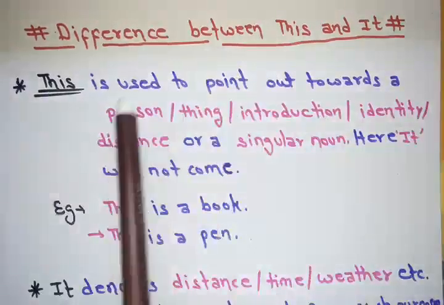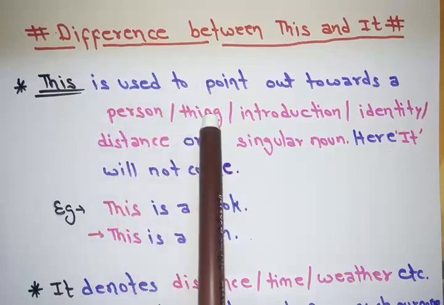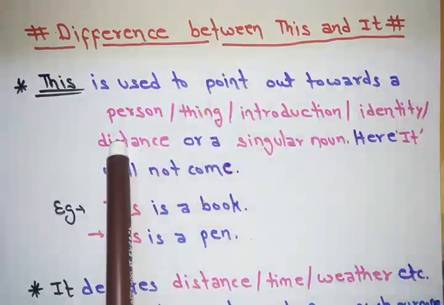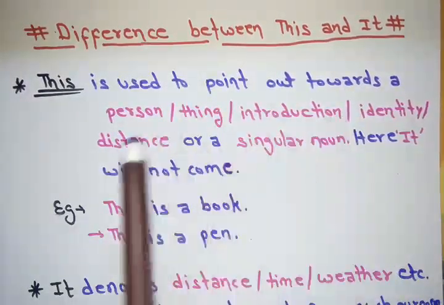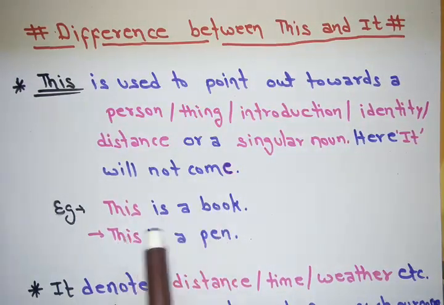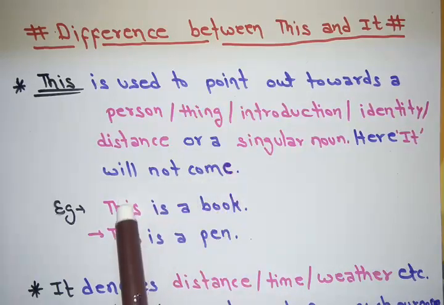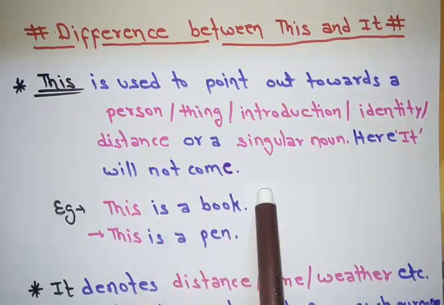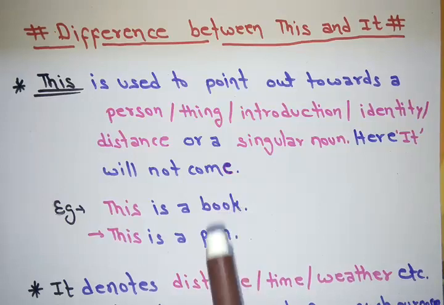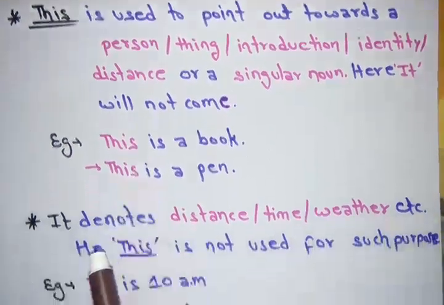Let's see the example. This is a book, this is my pen. So here "this" introduces a book and a pen, so we can't use "it" here.